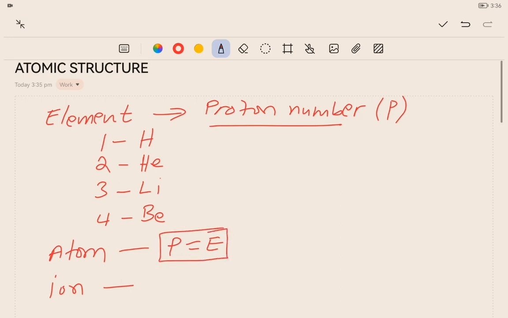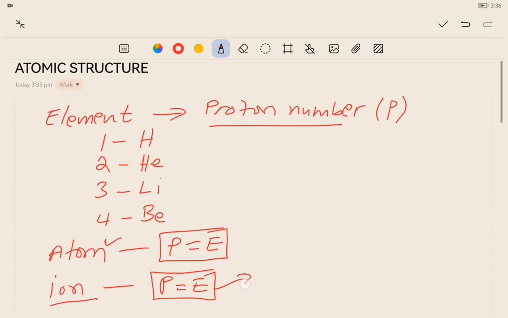Whenever you find that the proton number is equal to the electron number, then that element is an atom. When the proton number is not equal to the electron number, that basically means that you're dealing with an ion.